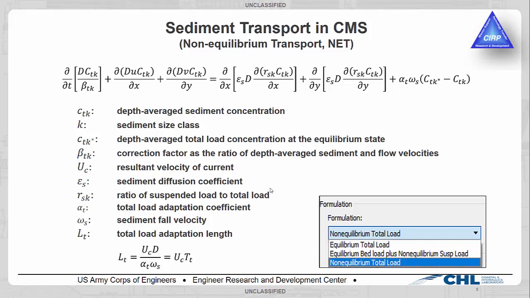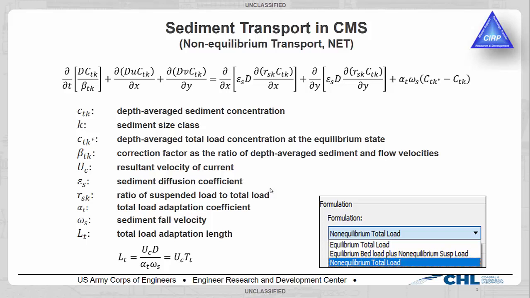So you see here, the total load adaptation coefficient is related to L_T, which is the total load adaptation length. And from the very right-hand side is U_c times T sub T.